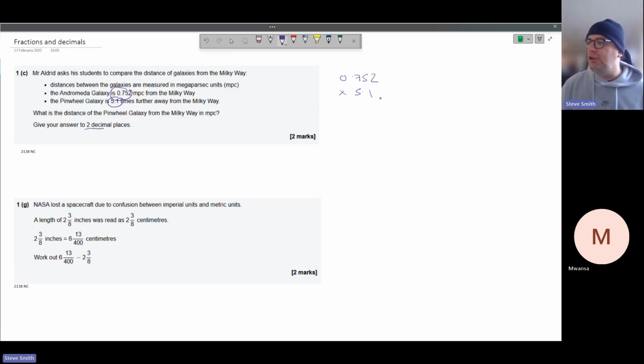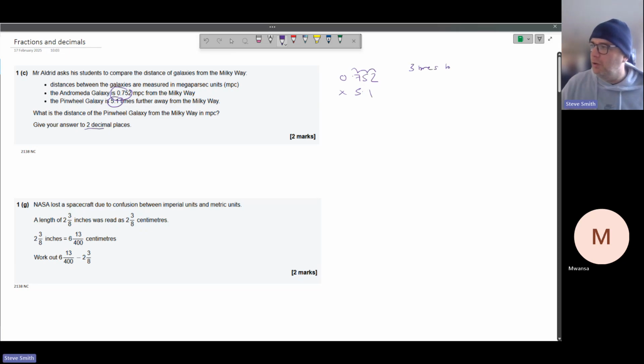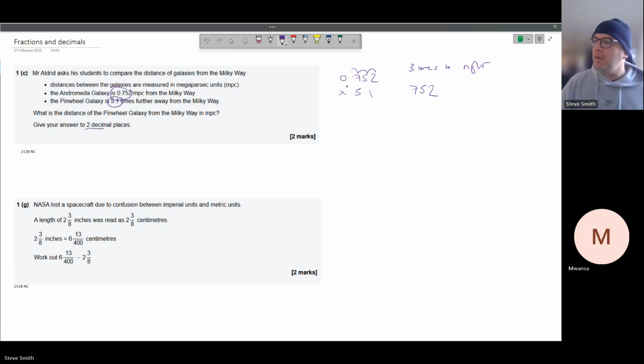So when we do a question like this, we're going to multiply that one by 10, 100, 1,000. So we're going to move the decimal place 3 times to the right. So that becomes 752. Then we're going to move this one once, so that's 1 place.